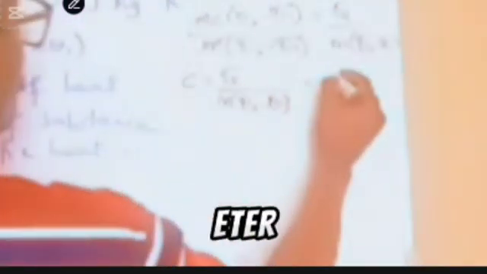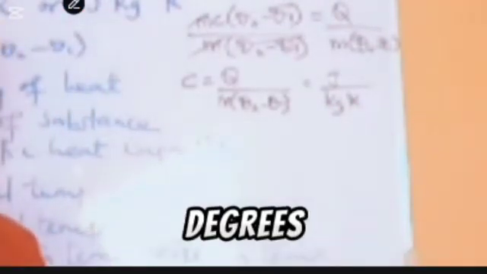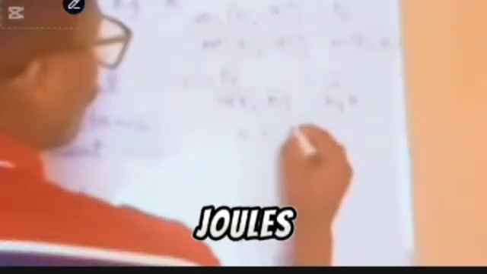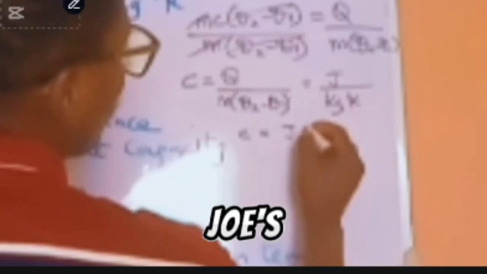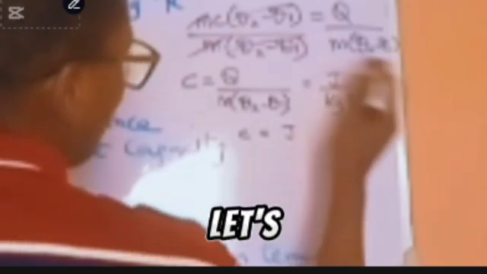So which means the unit of quantity of heat here is joules, the unit of mass is kilogram, and the unit of change in temperature is Kelvin or degree Celsius. So invariably, C, the unit of specific heat capacity is what? Joules. You can say, okay, let's break it down further.